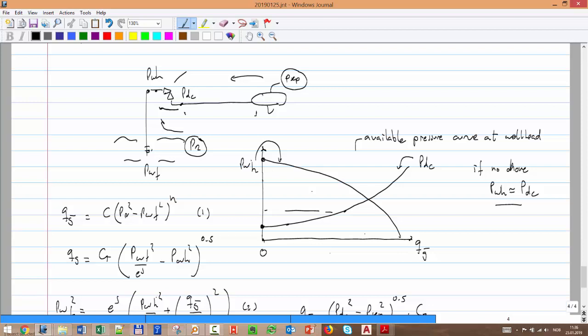And what is the only place where they are the same? At the intersection here. People call it the equilibrium point. If no choke, the producing rate is QG star.